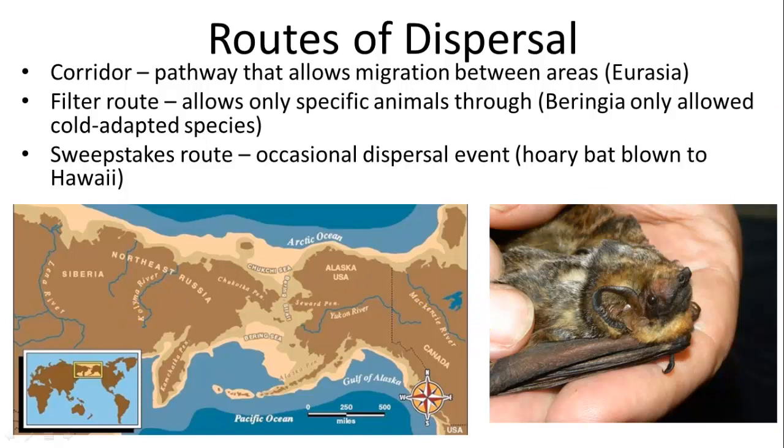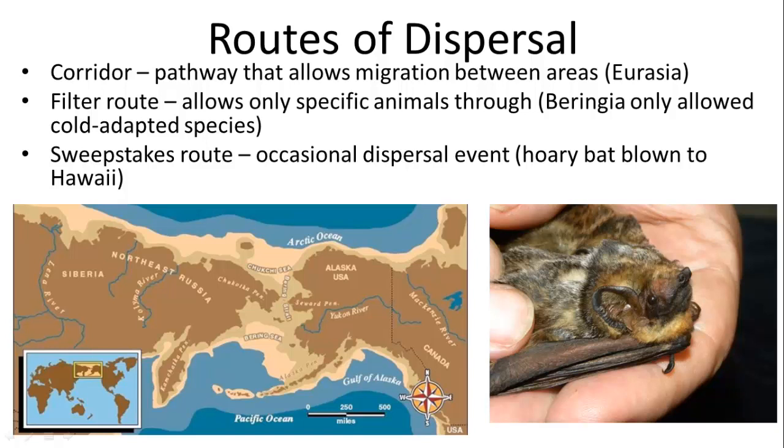There is another way in which you can disperse, and that is called the sweepstakes route, where you have some sort of generally random dispersal event where a population of mammals is found where they're not usually found. An example of this is hoary bats in Hawaii.